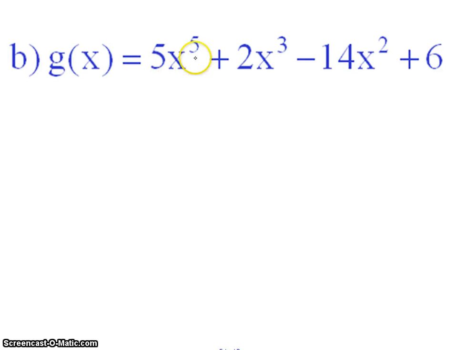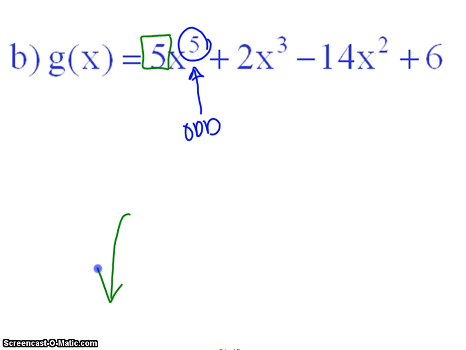All right, what is the degree of the function? 5. It's an odd number. What's the coefficient? Also 5. It's positive. So the graph would start from the bottom left, and remember it has 5 directions, so it goes up 1, down 2, up 3, down 4, up 5.